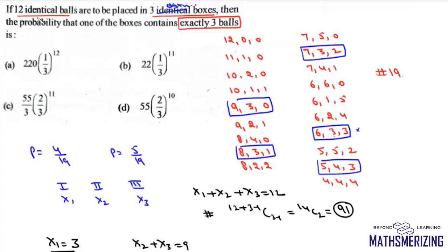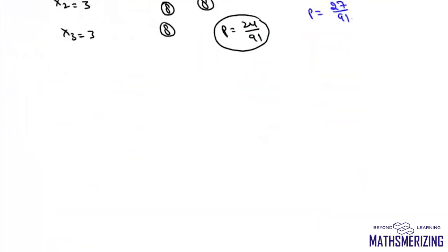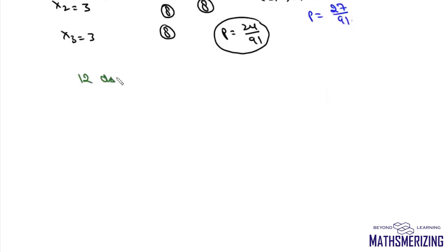Now if it is 12 distinct balls in 3 identical boxes, then it's a distribution problem, which is very lengthy to calculate, so I won't calculate that one. So now I'll consider this case: we have 12 distinct balls which are to be placed in 3 distinct boxes.